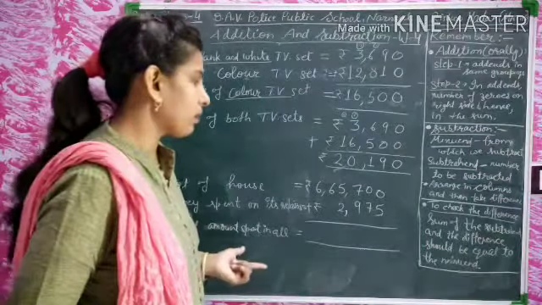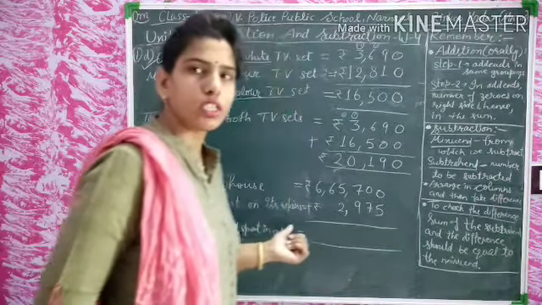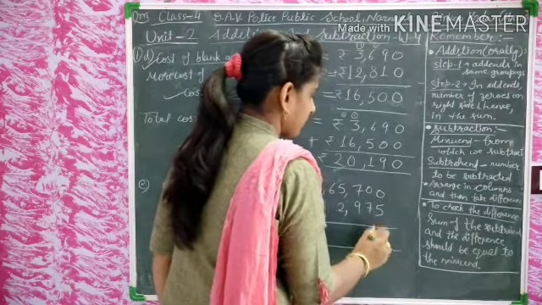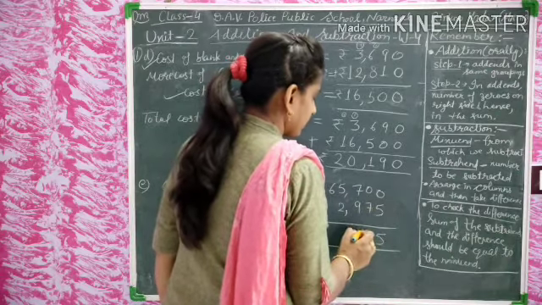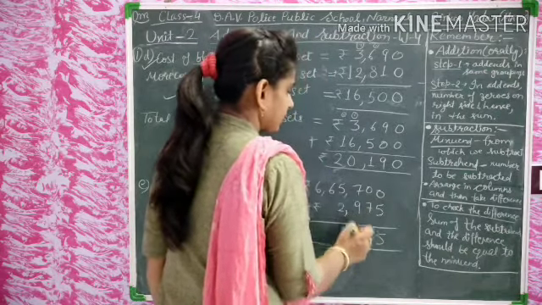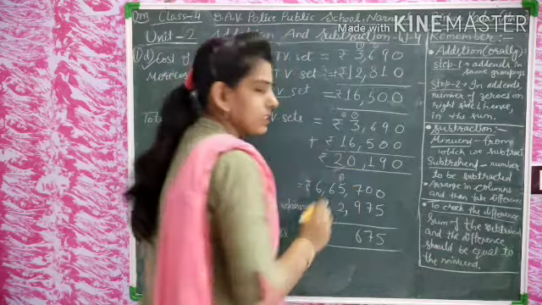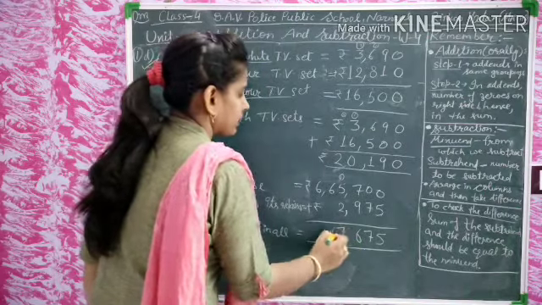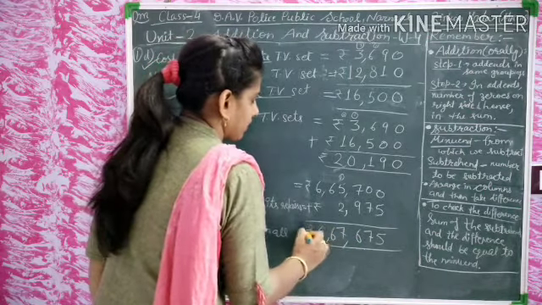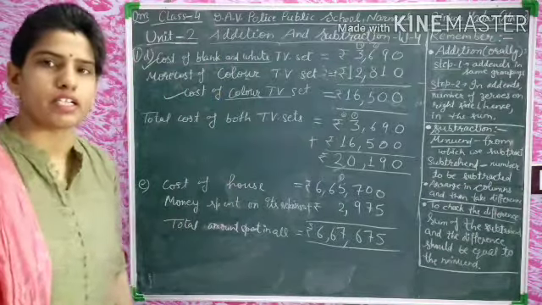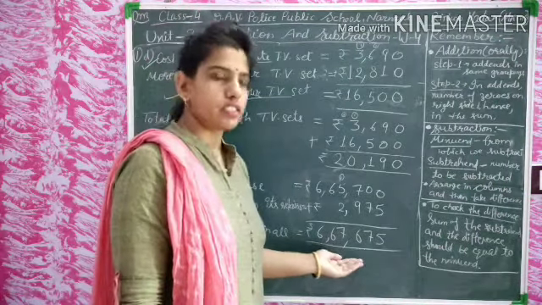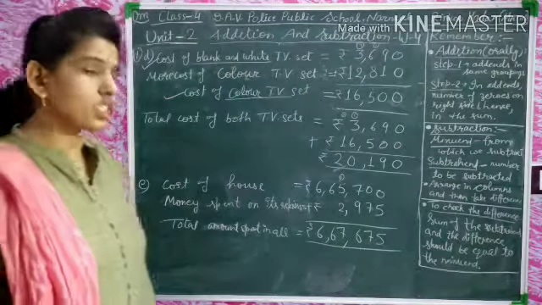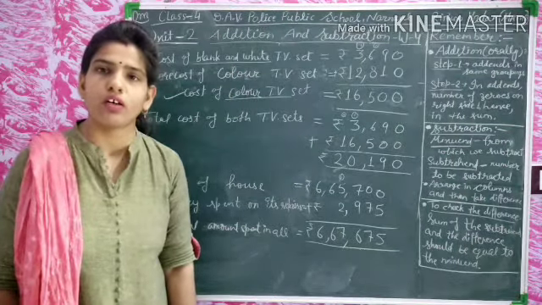Adding here, 0 plus 5 equals 5, 0 plus 7 equals 7, 7 plus 9 equals 16, that is 600 and 1000, 1 plus 5 is 6, 6 plus 2 is 8, and this is 6 and this is 6 here. This is the total amount spent in all on the house, 6,67,675 rupees.